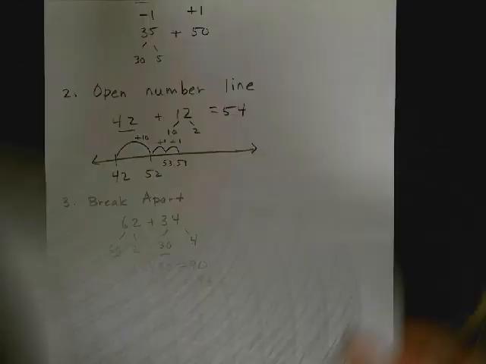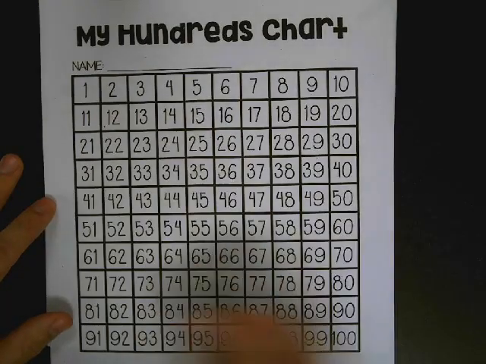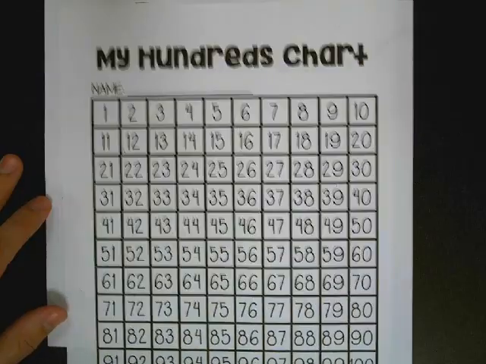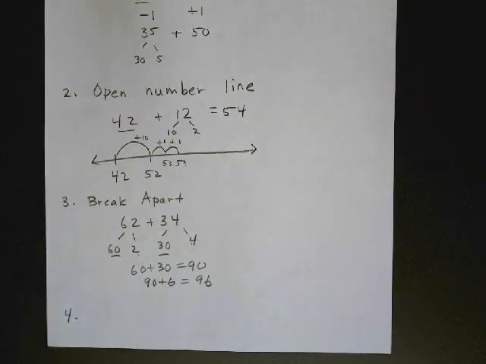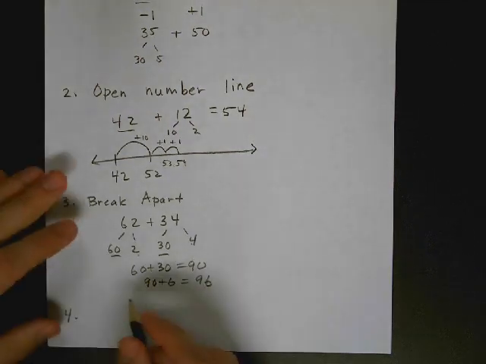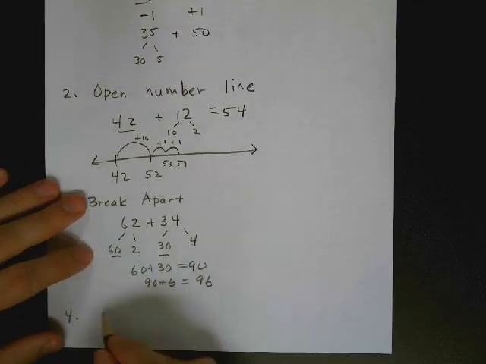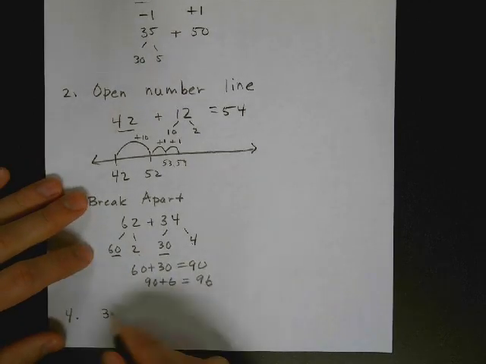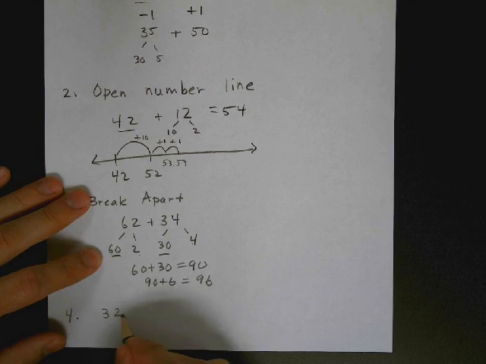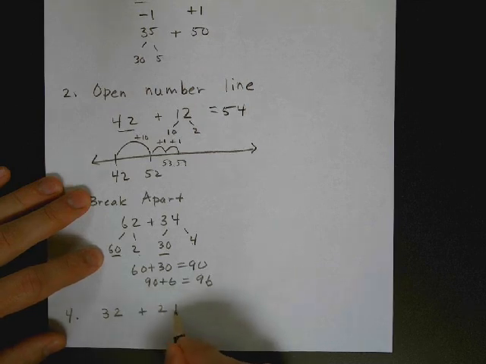And then number 4 would just be the good old hundredths chart. You get a hundredths chart at home, and you're going to go down and over, using that as a strategy too. So on this, to show work on homework, you can use a hundredths chart at home, maybe just write hundredths chart there. But it says show your work, so for that you would say, for example, let's just do 32 plus 21.